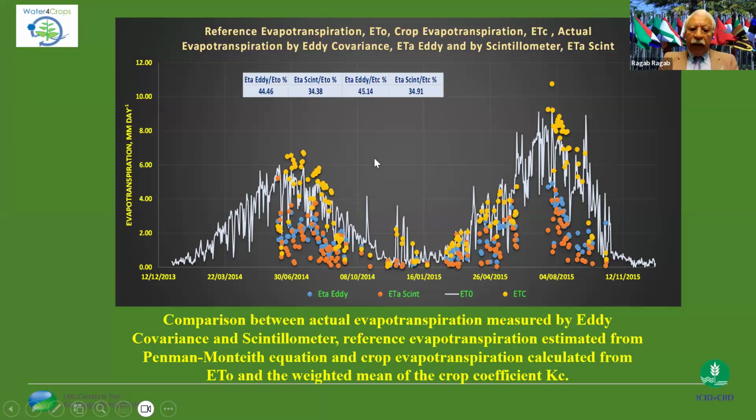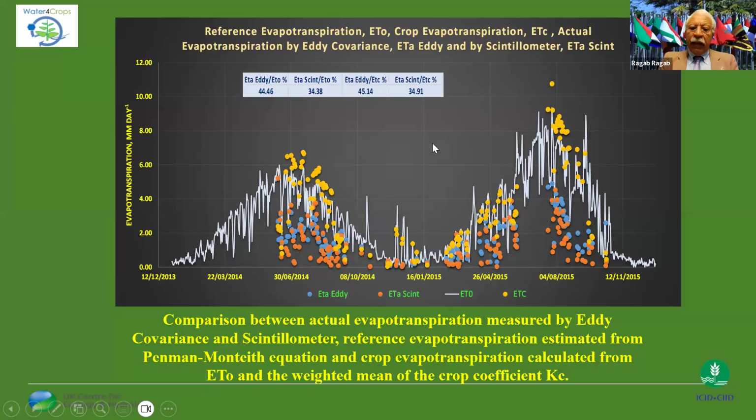Then if we multiply the ETo reference obtained by the FAO modified equation by the Kc, here a weighted mean of the Kc of the crops, we obtain the yellow dots, which is the ETc or crop evapotranspiration. Still, you can see that the scintillometer and Eddy Covariance actual evapotranspiration is well below the crop evapotranspiration calculated by the equation.